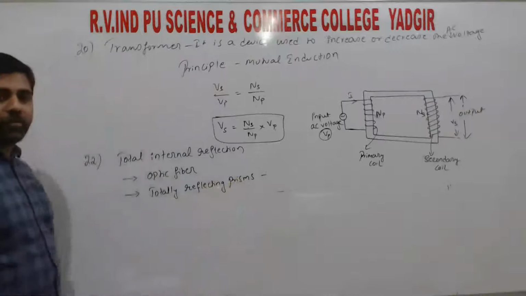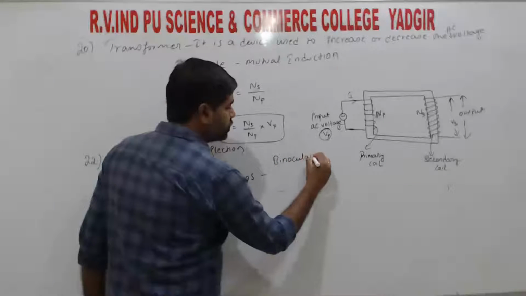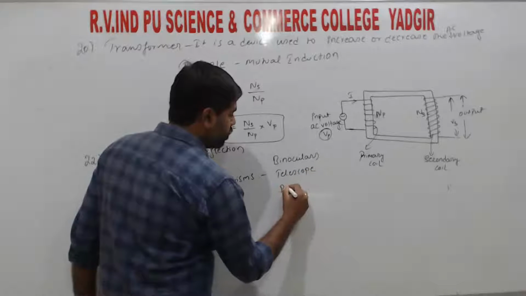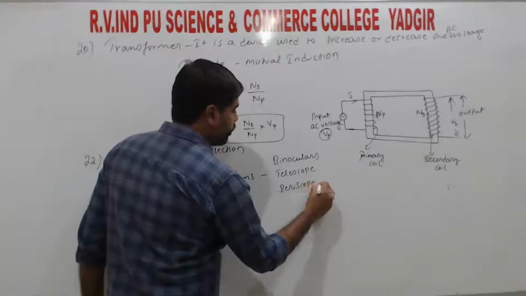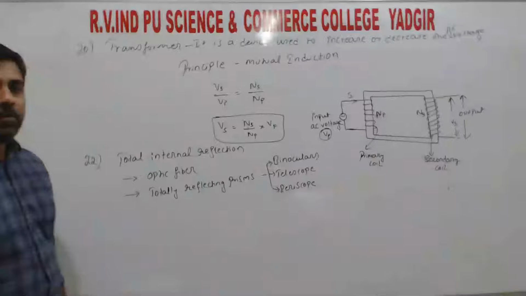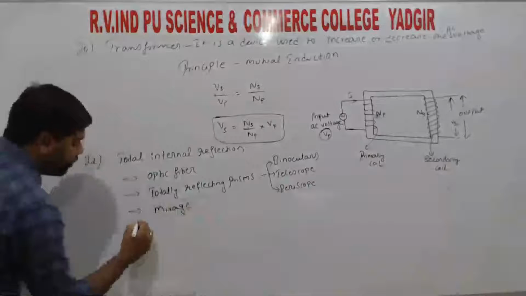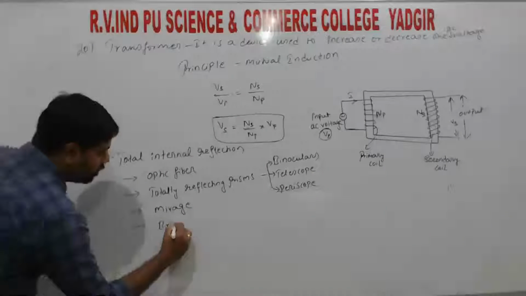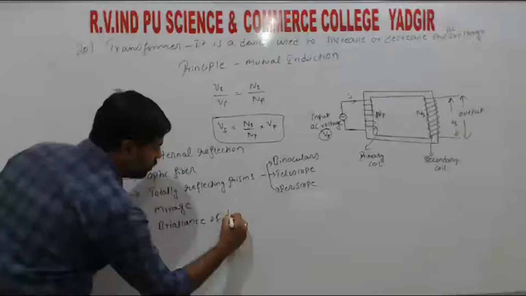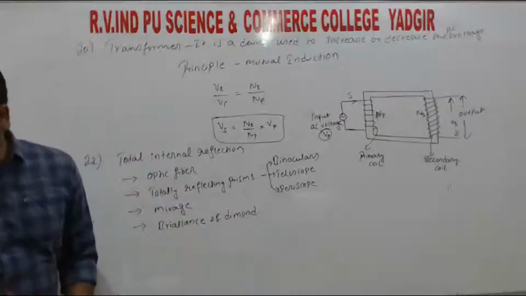These totally reflecting prisms we use in binoculars, telescopes, and periscopes, right? The next one is the mirage, which is a natural phenomenon, and the brilliant diamond. These are the applications of total internal reflection, right?